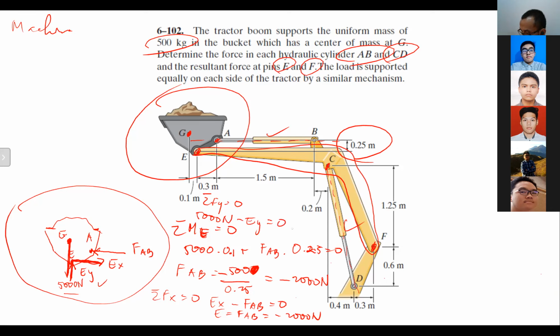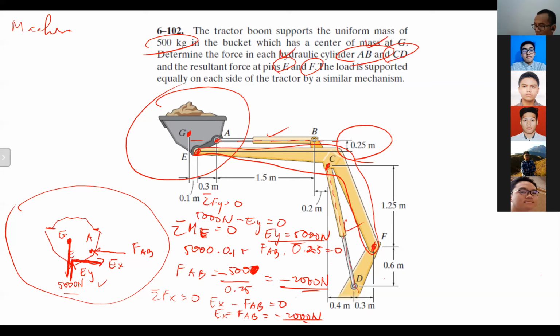So EY equal to 5,000 newtons, and the direction is correct for EY. So you got EY, you got FAB, and you got EX. Where is my EX? Oh, this one. So we have all that, and we have finished AB, EX, EY.